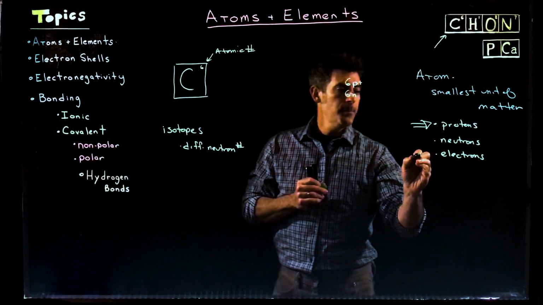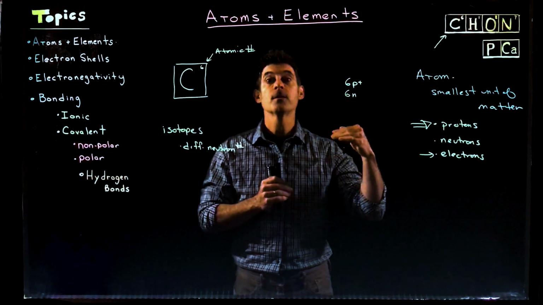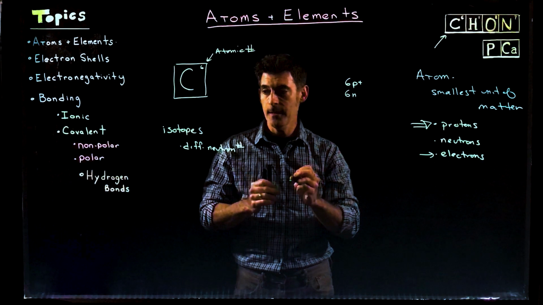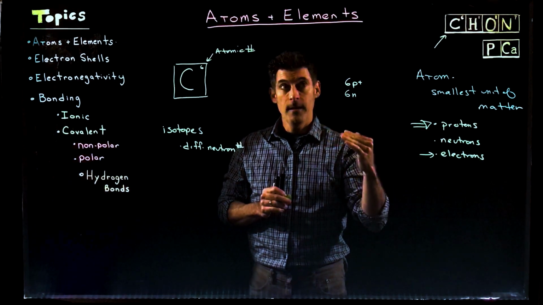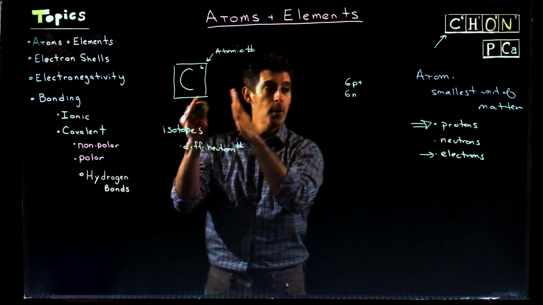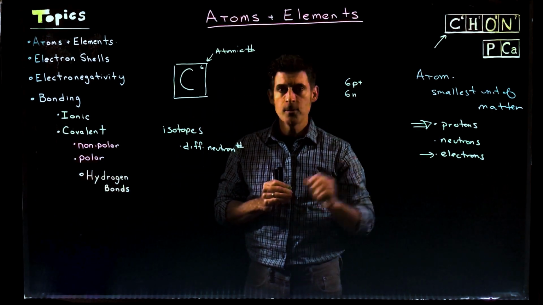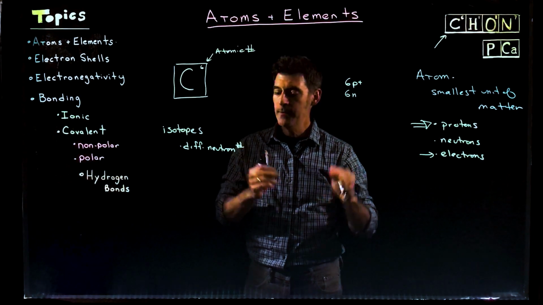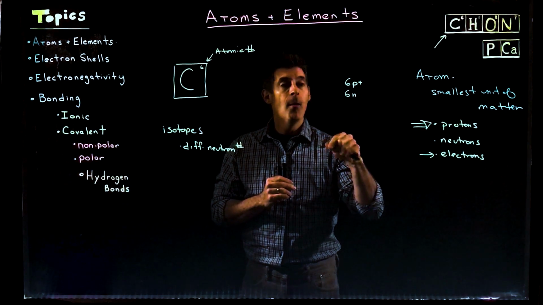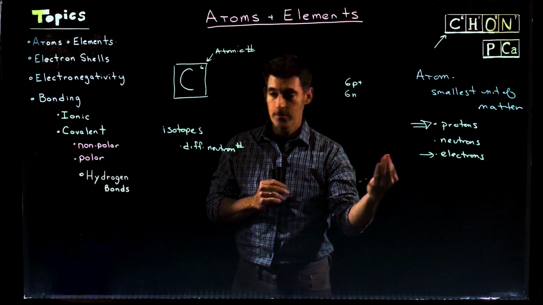Now, there's electrons. Typically, we're also going to have the same number of electrons. So if there are 6 protons, there are also going to be 6 electrons. Though different elements have different protons by definition, and the electrons and protons should be the same, we can also have different versions of an element that have different electrons.